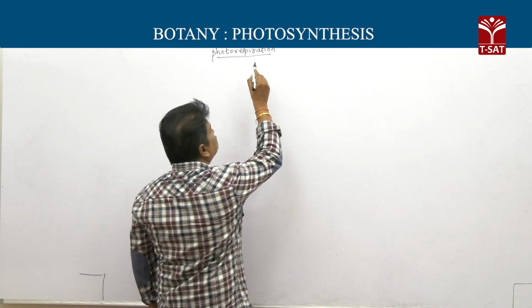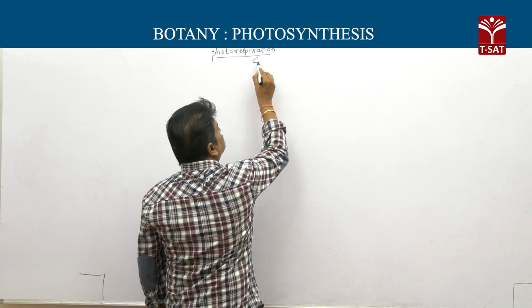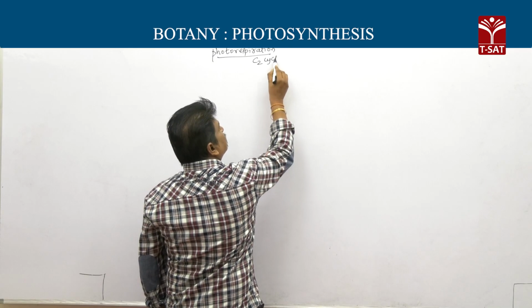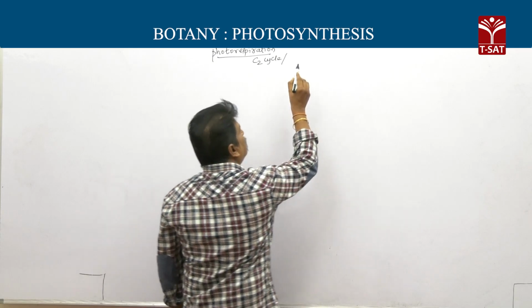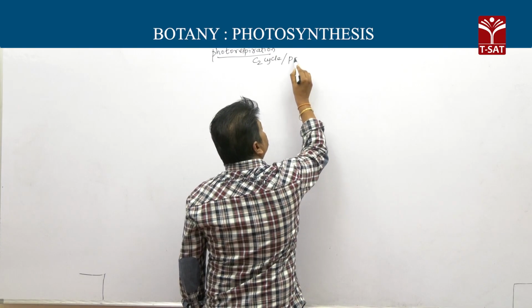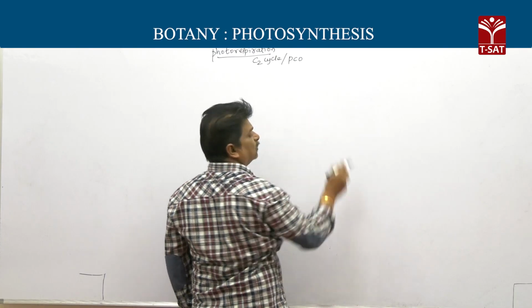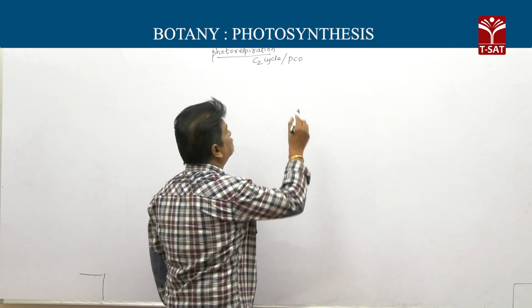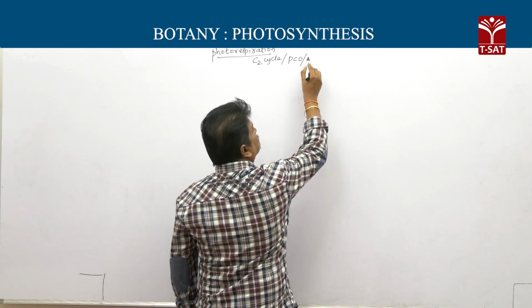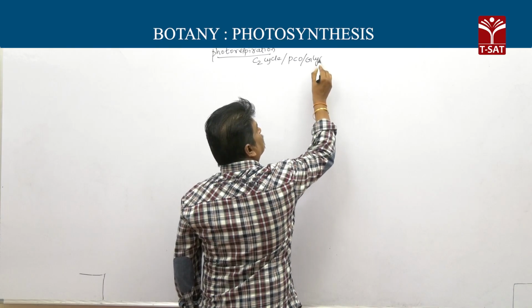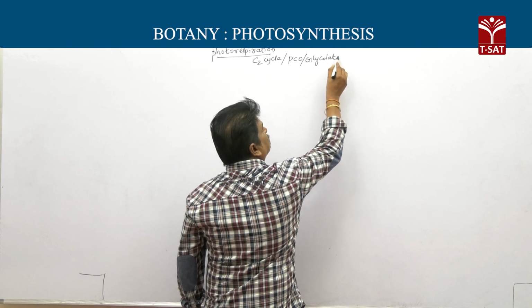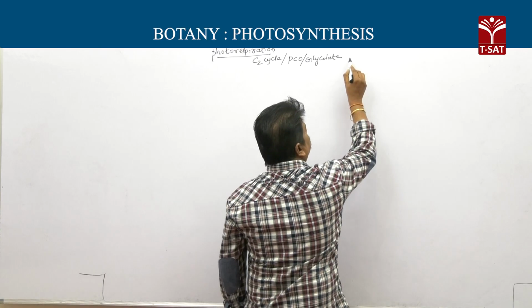Here photorespiration is also called C2 cycle or PCO, photosynthetic carbon oxidative cycle, or also called glycolate metabolism.